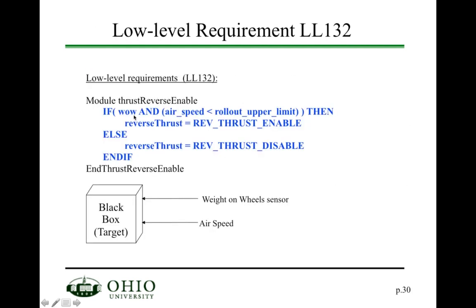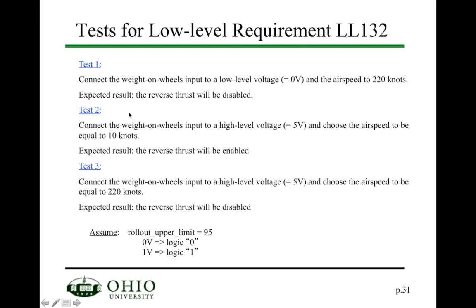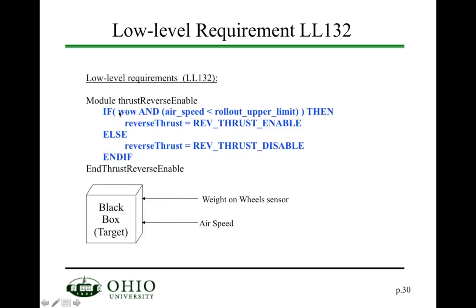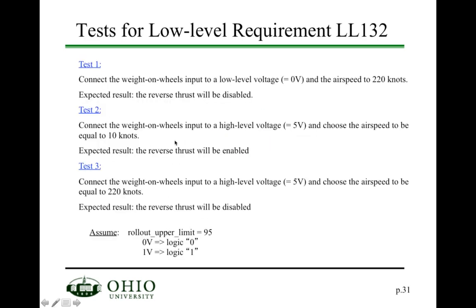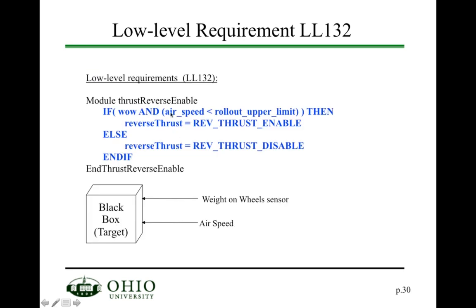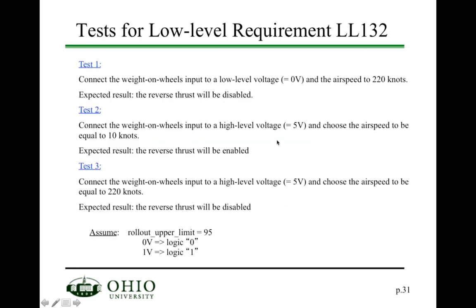So then this will be false, and this will be false as well. So this is really false, false. In this case, connect weight on wheels too high would be true, would be 1. And this would be 10 knots, so this would be true as well, so it would be true, true. So we have false, false, true, true, and then in this particular case, this would be true, false.